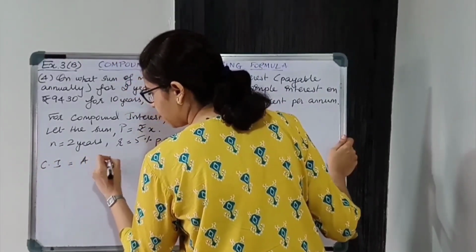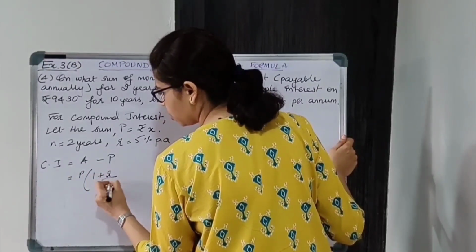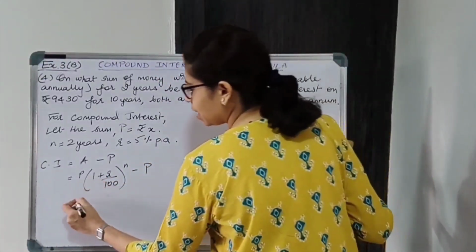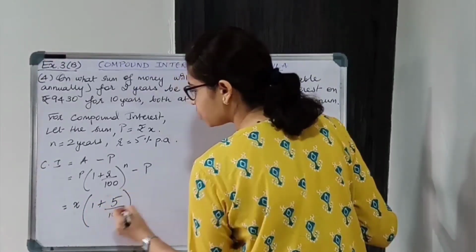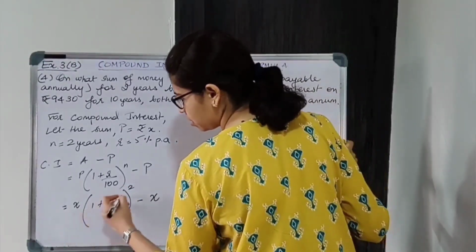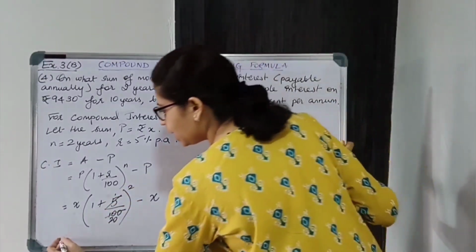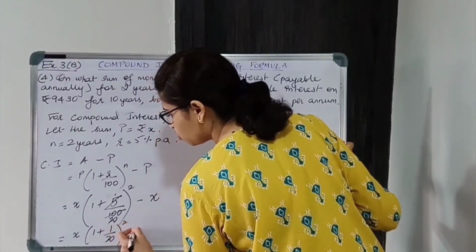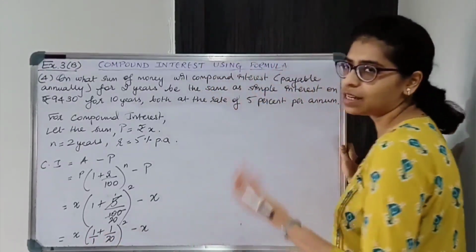It is A minus P. Now A is P into 1 plus R upon 100 raised to N, minus P. P is X rupees, 1 plus R upon 100 is 5 upon 100, raised to N which is 2, minus P which is X. 5 ones are 5, 20s are 100. So we get X into 1 plus 1 upon 20, raised to 2, minus X. First we'll solve the bracket, we'll equalize the denominator, that is take LCM.